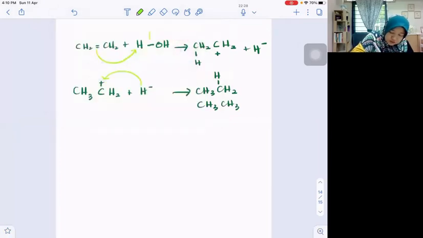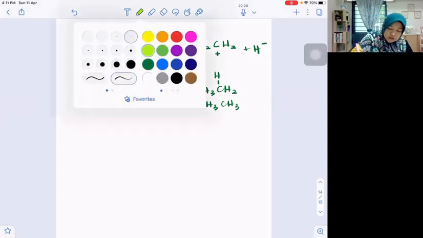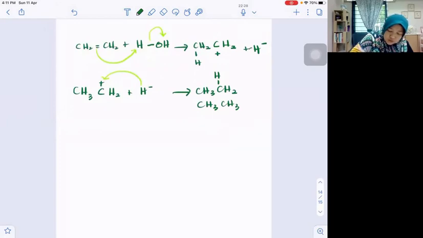It makes the OH receive both of the shared electrons, so now this side will turn to OH minus. Then OH minus in the second step will attack the carbocation ion. So it produced OH here, and this is actually CH2O.